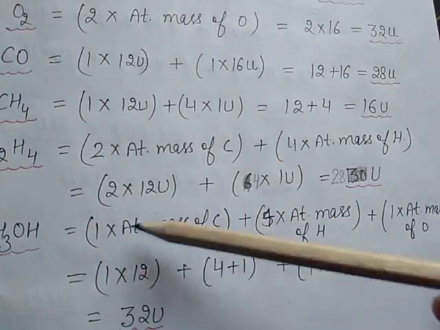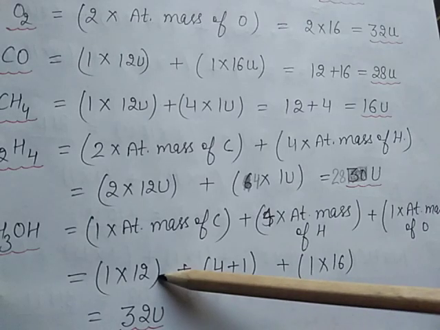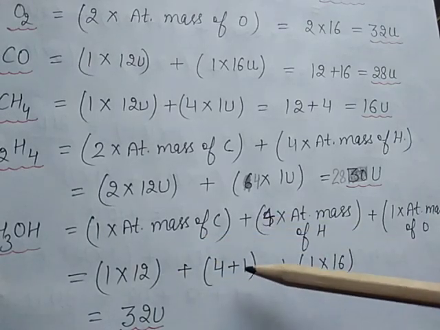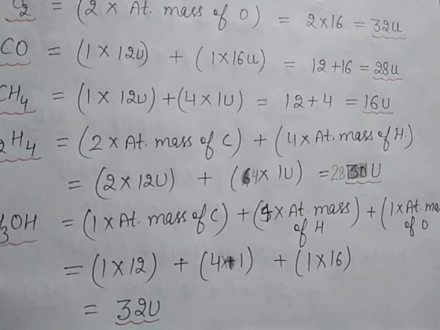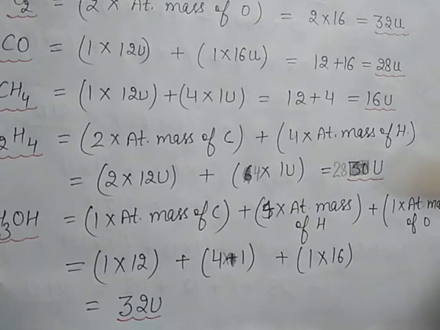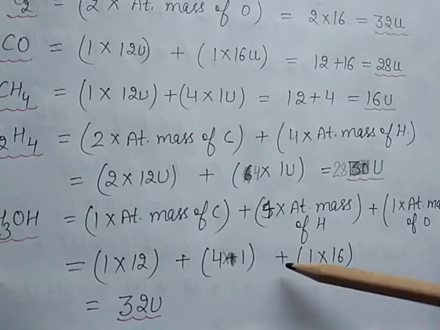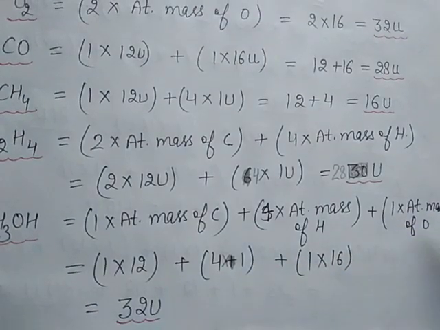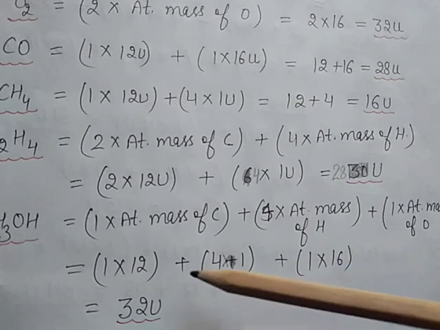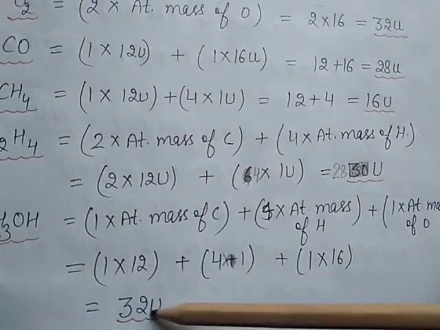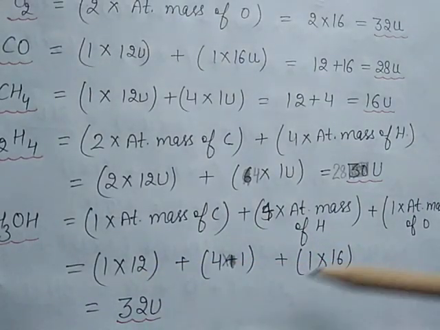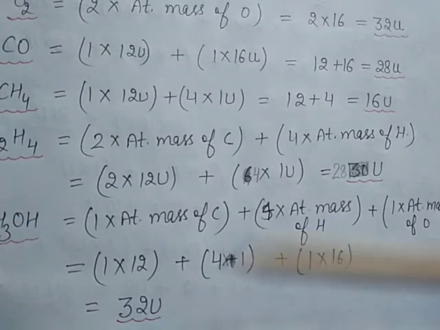Then 1 multiplied by the atomic mass of carbon, 12, plus 4 multiplied by the atomic mass of hydrogen, 1, plus 1 multiplied by the atomic mass of oxygen, 16. After multiplying, this is the answer: 12 plus 4 plus 16, that is 32 u.